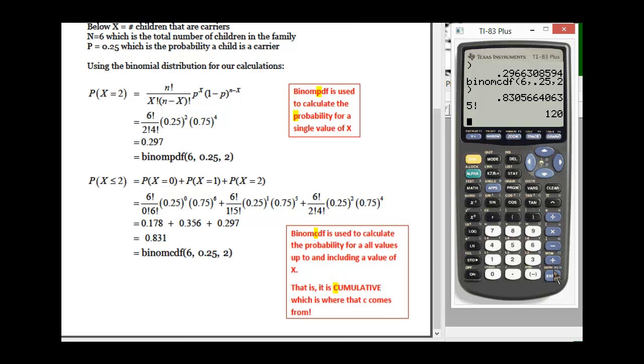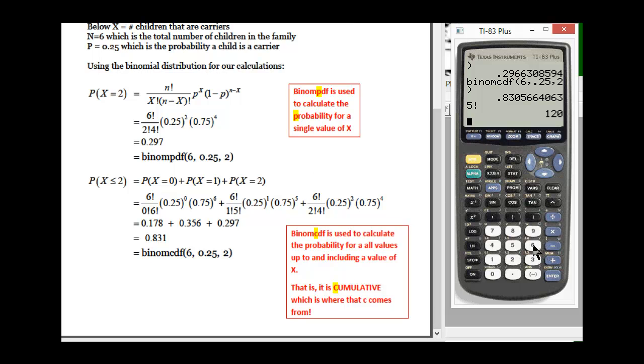And if you really want to get fancy, this numeric quantity right here in front of my probabilities, the n factorial divided by x factorial times n minus x factorial, this whole quantity can be calculated with one function in your calculator. So let's do this for n equals 6, and here x was 2.